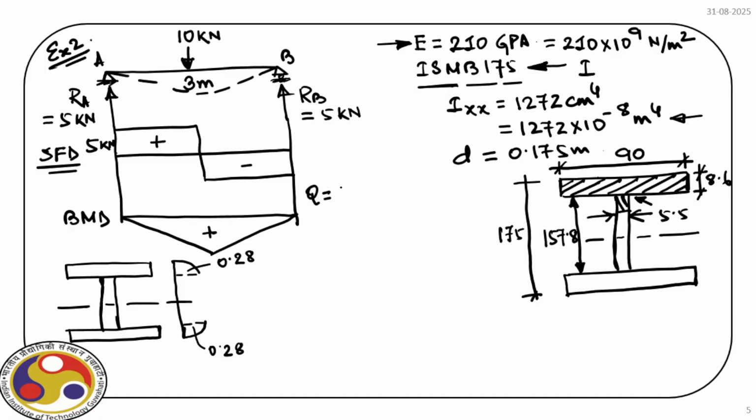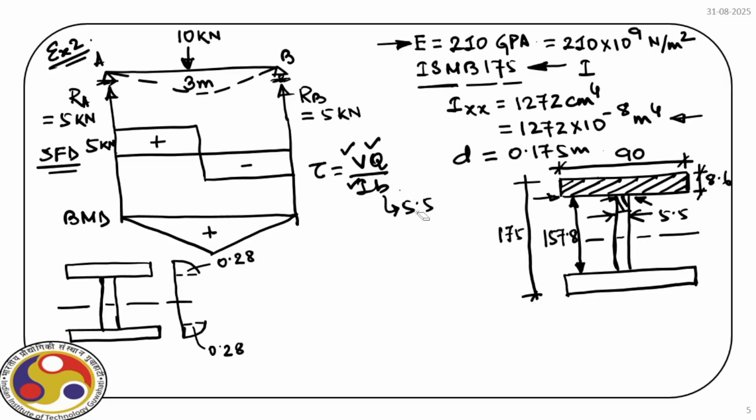At that point, we can easily derive the expression, because earlier, if you recall, it is tau equal to VQ by IB. Now, V, Q and I will remain the same when we are at this point, but we are just at the web part. The only thing is, in place of B, which was earlier the width, that is 90 millimeter, now we have to consider the width of the web, which is 5.5 millimeter.